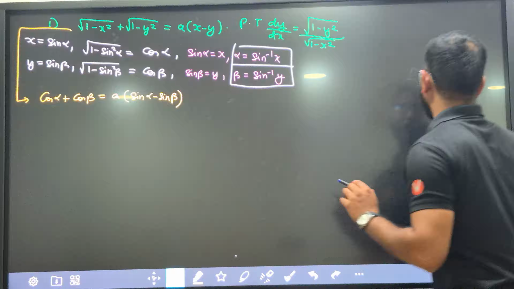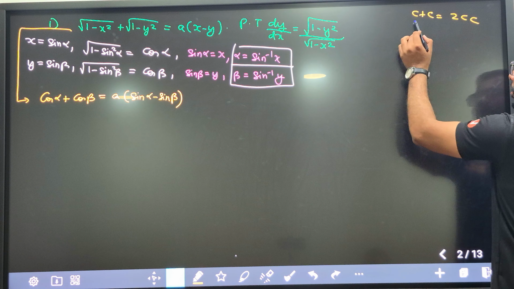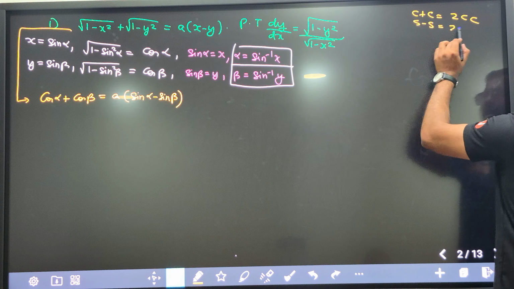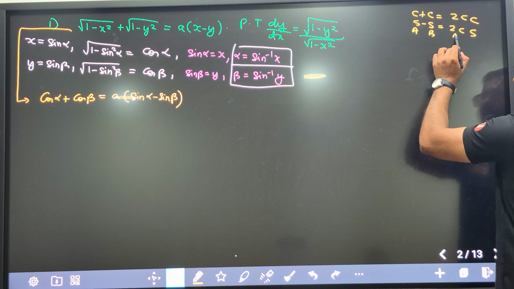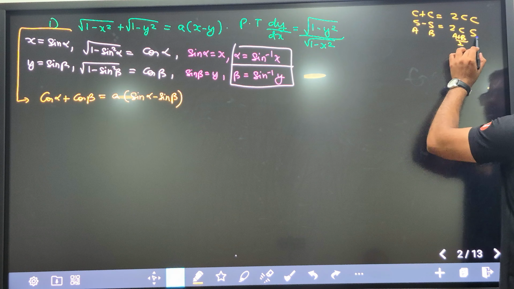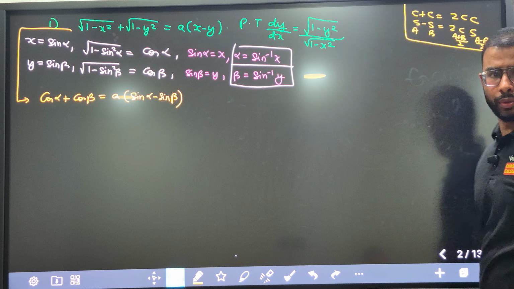Now, as we have discussed multiple times, what is cos C plus cos D? 2 cos C cos D. What is sin C minus sin D? 2 cos sin. If the angle is A, if the angle is B, this angle is A plus B by 2, A minus B by 2. This part we have to remember.